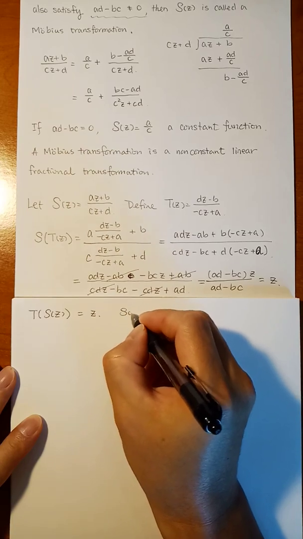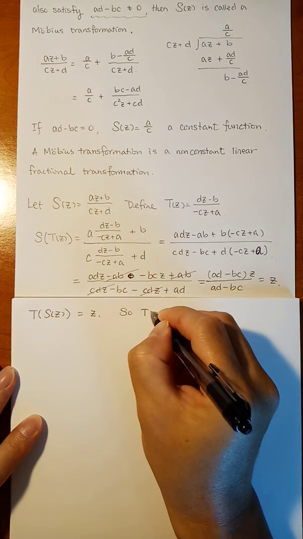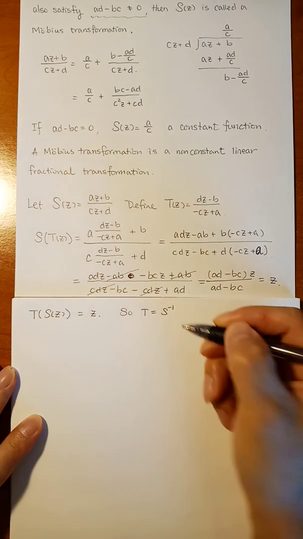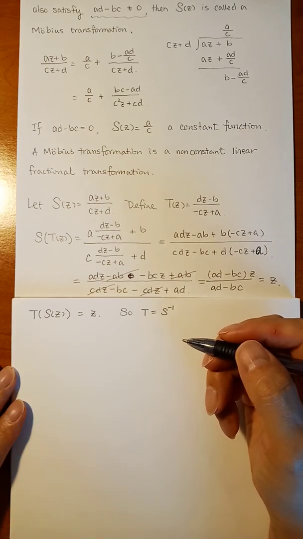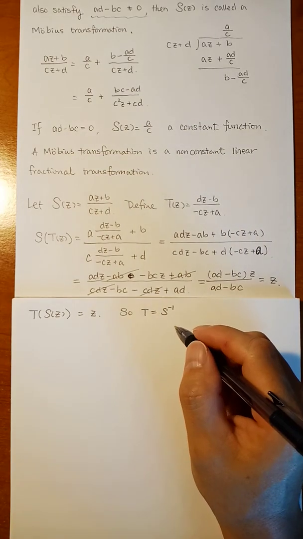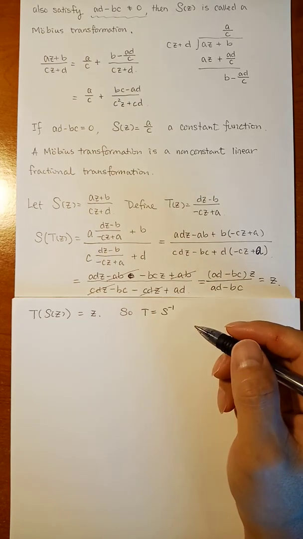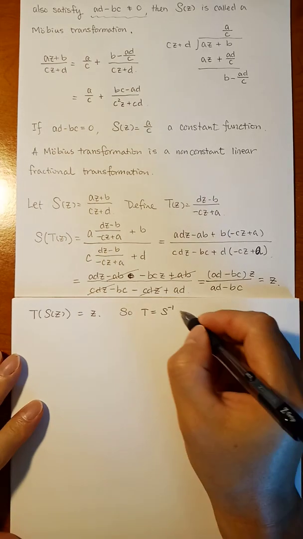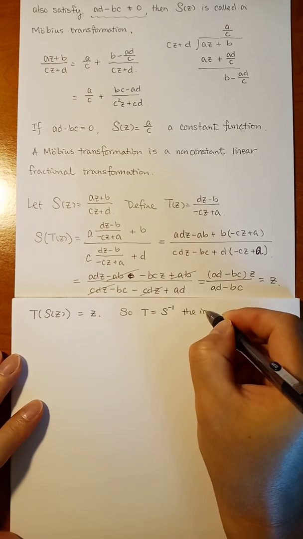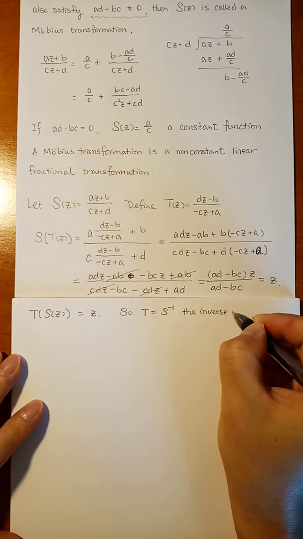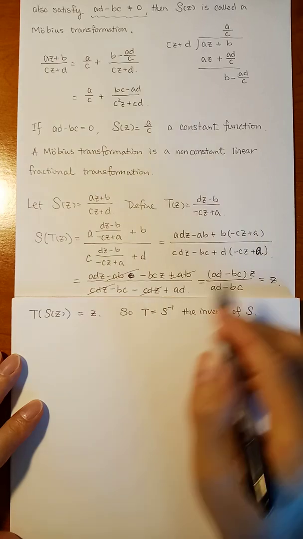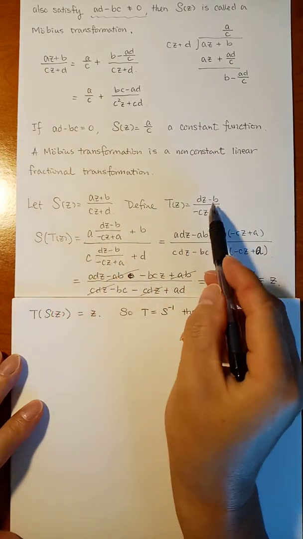So T is the inverse Mobius transformation, the inverse of S. How do we get the inverse of S?